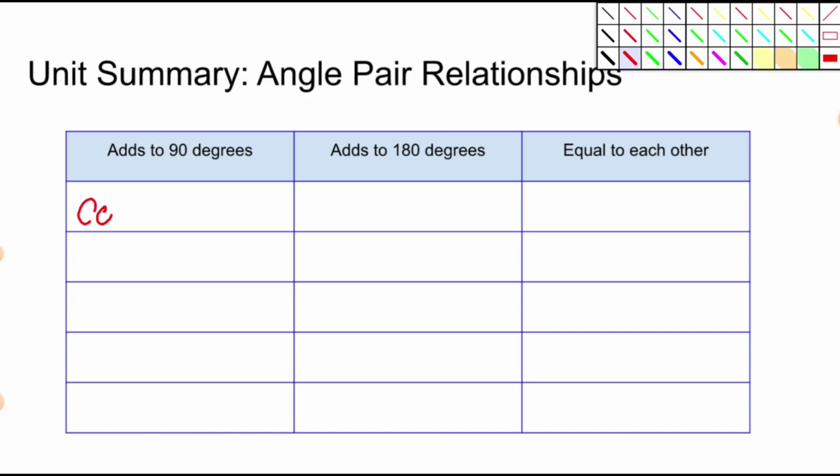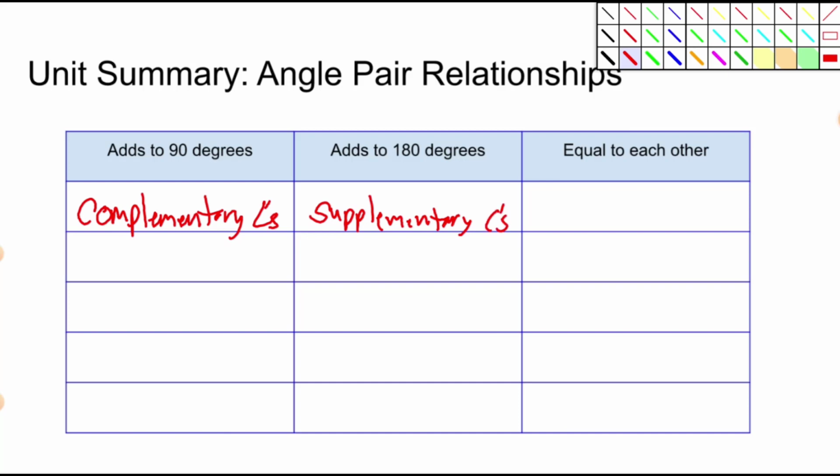Well, there was only one. It was complementary angles. So pairs of angles, two angles, if they said they were complementary, they add up to 90. That was the whole definition. Now, what about things that add up to 180? Well, we have a few options. First of all, you know the definition, so you know supplementary just means two angles that add up to 180 degrees.